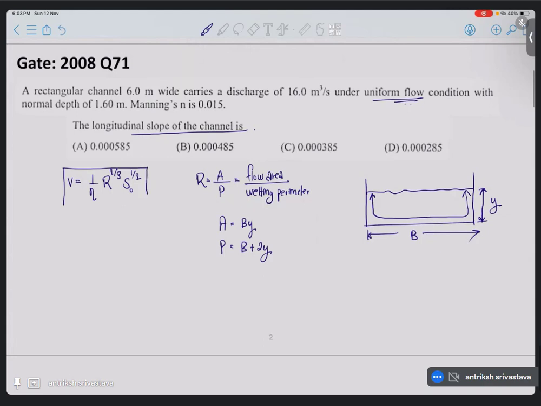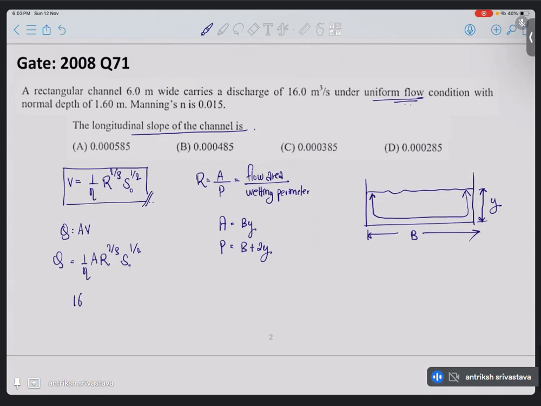Same way as we wrote the velocity formula, we can write the formula for the discharge as Q is equal to A into V. So Q is equal to 1 by N A R power 2 by 3 S naught power 1 by 2. Let's put the values in this formula.